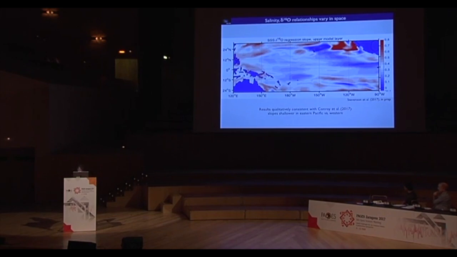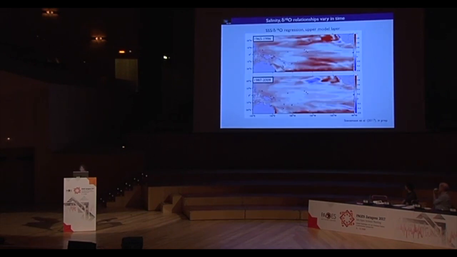And I suspect that the reason why we see steeper slopes in the western Pacific has to do with the more complex nature of precipitation isotopic variability over the warm pool, which could lead to stronger variations in seawater delta 18O for a given variation in salinity. But that's something that I'm still trying to diagnose in the modeling framework.